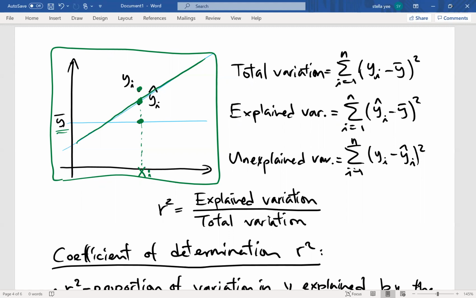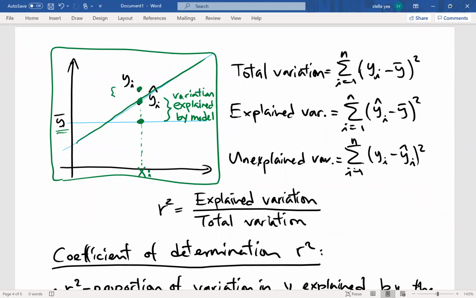This distance from y bar to yi is the variation explained by the line or the model. Because if you didn't know anything, y bar is the best guess for y. But if you have x as well, then you have a better approximation. That's the part that's explained by the variable x.